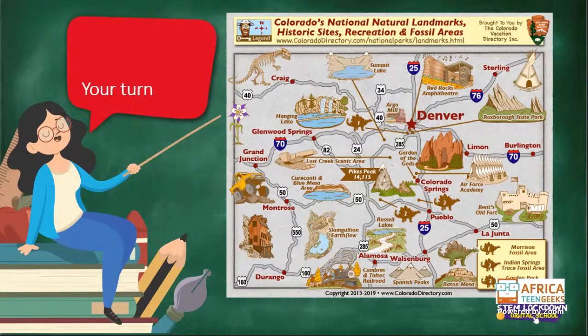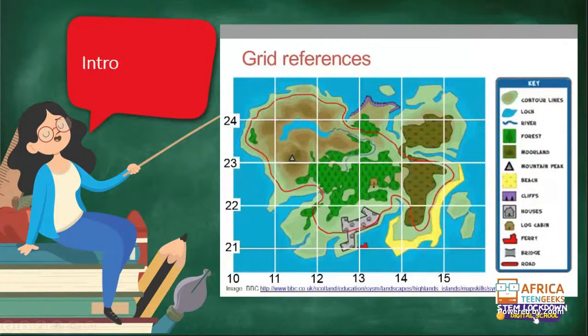Because from the first one, let's just go to the first map. There are other features that no one actually said that I can see. For example, I see a road. No one is telling me about any road.